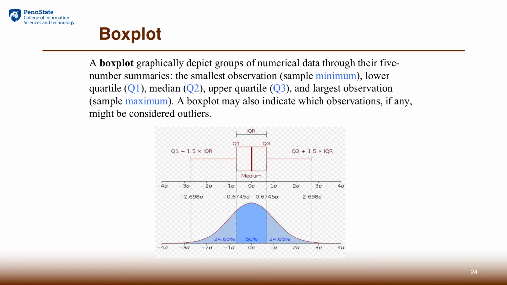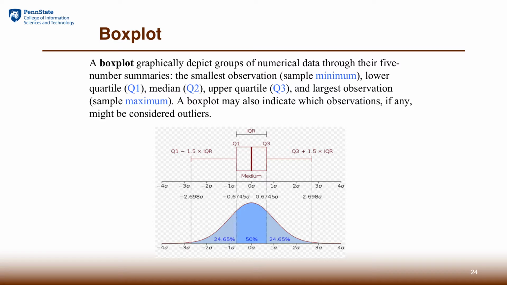Okay, so Q1 and Q3 define the range of the IQR. And then anything beyond what's called the hinge value, the top hinge value being Q3 plus 1.5 times the IQR, any value beyond that we consider as an outlier.